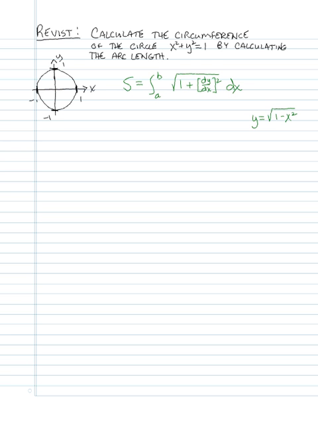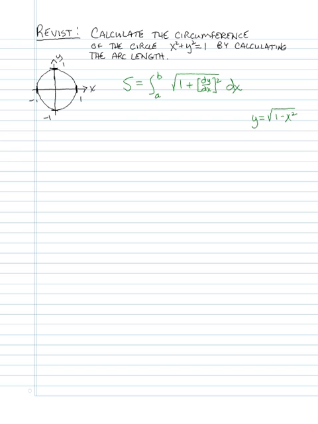Now let me say here also that usually we would say plus or minus, but I'm going to restrict the part of the circle that I'm looking at to the top semicircle. The top half of the circle, and in that case the y's are positive. We've seen that idea before, haven't we?